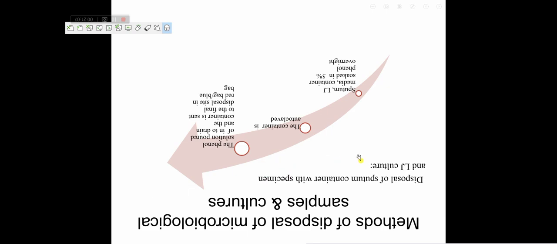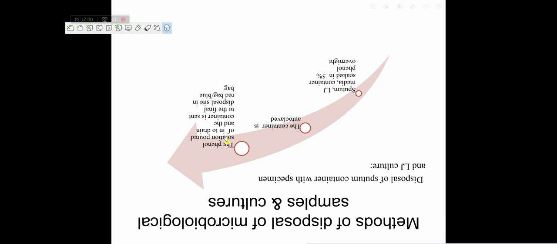Methods of disposal of the microbiological samples and cultures. So here you have disposal of sputum container with specimen and algae culture. So you will be seeing here sputum media. Then the container will be autoclaved, right? And where it was put, it will be cleaned, soaked in a container of 5% alcohol overnight.